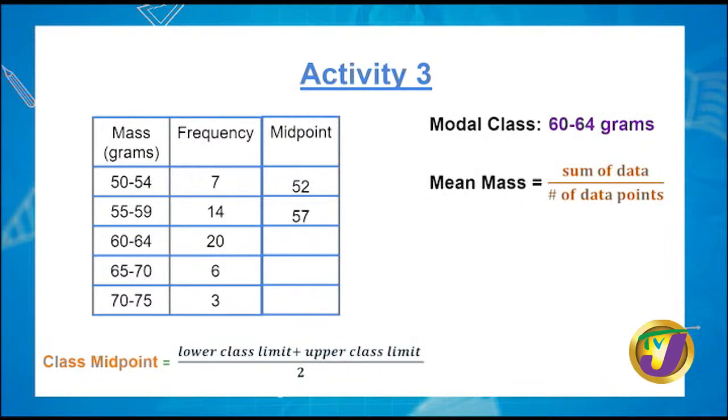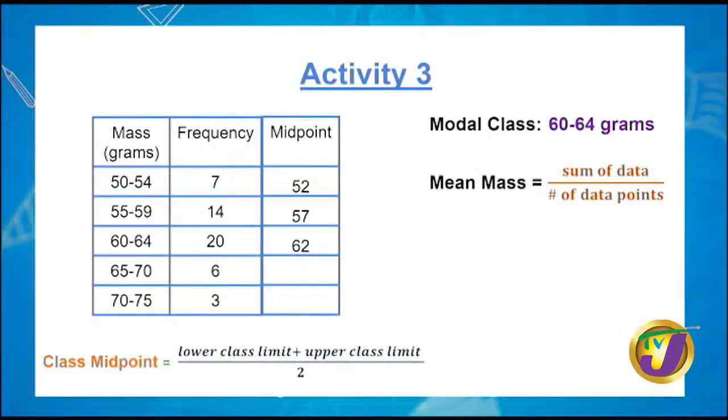60 plus 64 divided by 2 is 62. I'm seeing a trend: the midpoint seems to be increasing by 5. What could be causing that? 5 plus 52 gives us 57, and 5 plus 57 gives us 62.